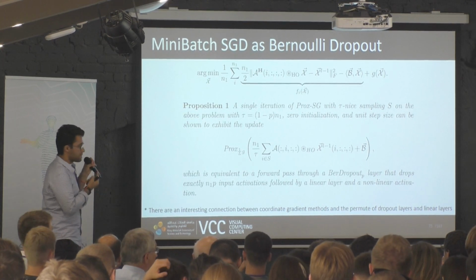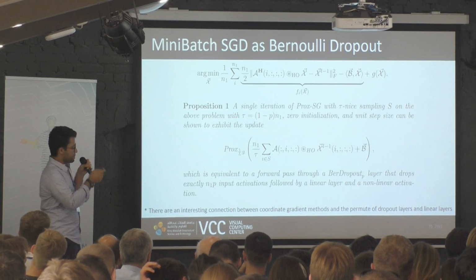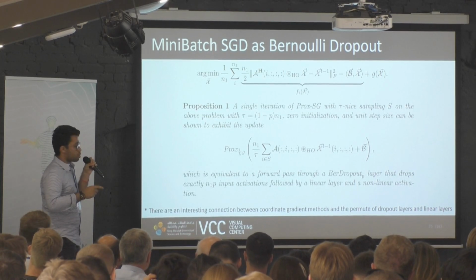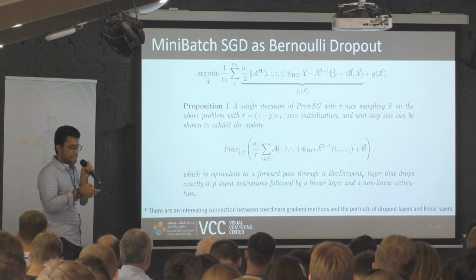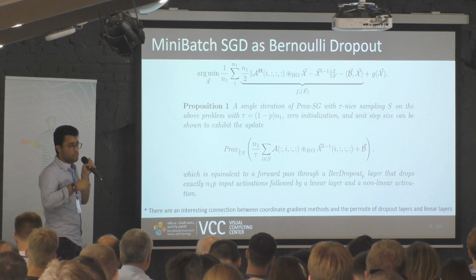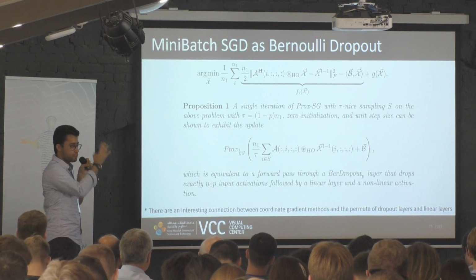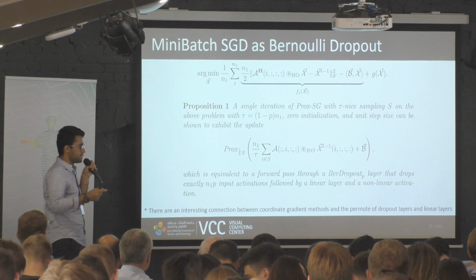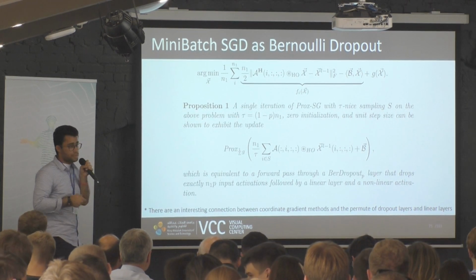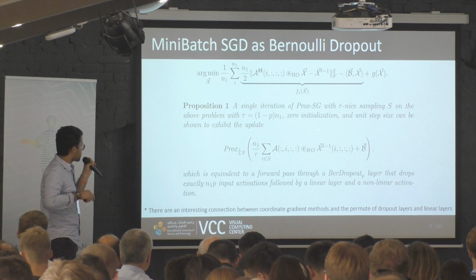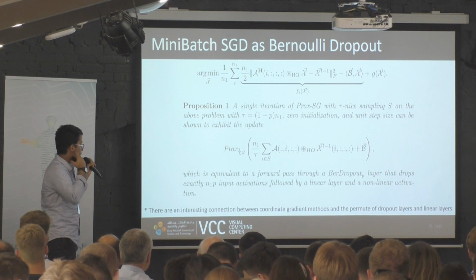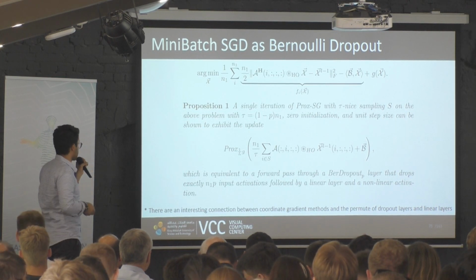So what this says is extremely simple: take this objective function, solve it for a single iteration, and this is exactly equivalent to doing a forward pass through a block of layers composed of dropout, linearity, and non-linearity, regardless of whether that linearity is fully connected or convolutions, because this reduces to standard fully connected layers under a specific choice of dimensions.